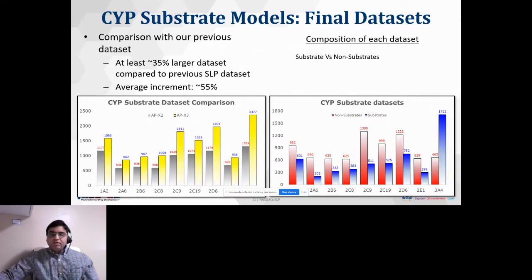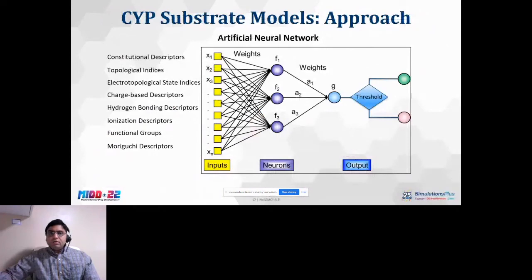Now we have the final dataset. The next step was model building. Our model building approach includes various steps like selecting the test set, and we have 4 or 5 different approaches to select the test set.